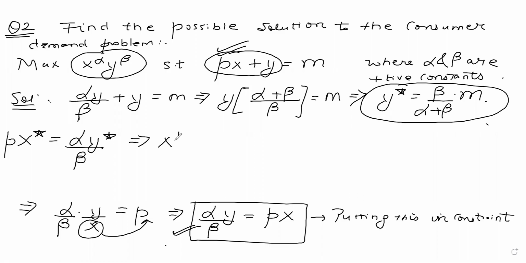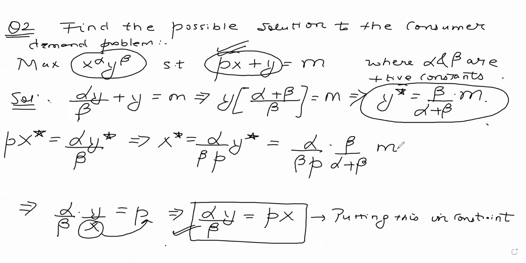This implies my x star is nothing but alpha by beta p times y star. Now, what is y star? You can plug in the value: alpha by beta p times beta upon alpha plus beta m. So what do I get as my answer? Beta beta cancels. I get alpha m upon alpha plus beta times p. This is my optimum value of x star.